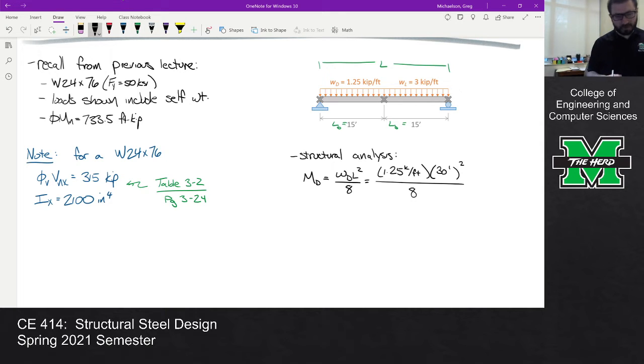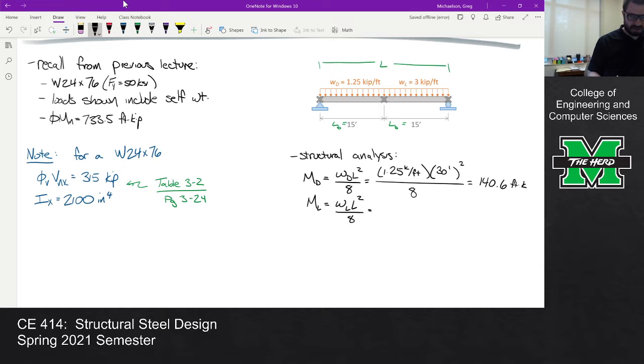Okay, so 1.25 times 30 squared divided by 8, that ends up being 140.6 foot kips. And then ML is WL squared over 8, and I'll just do that one right here.